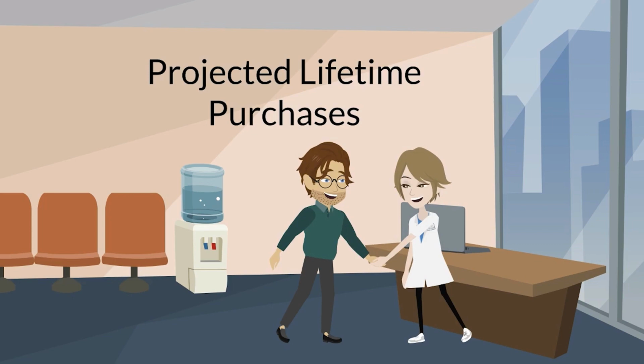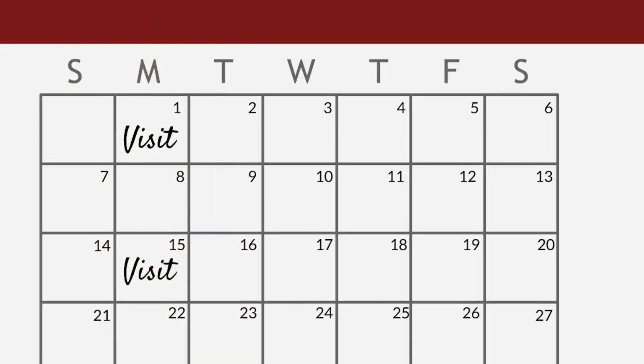This is the estimate of how many visits or purchases each customer will make over their lifetime of the business relationship. An easy way to calculate this is to consider how many visits or purchases a customer makes each week or month or year, and then determine about how many total visits they will complete during their average lifetime as a customer.